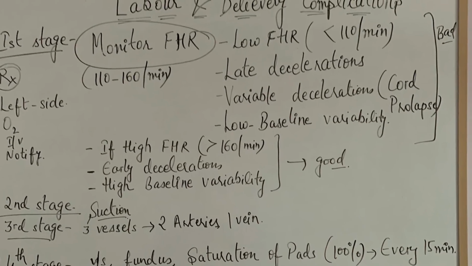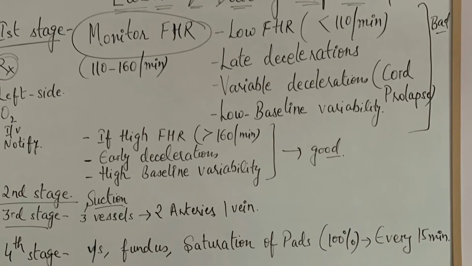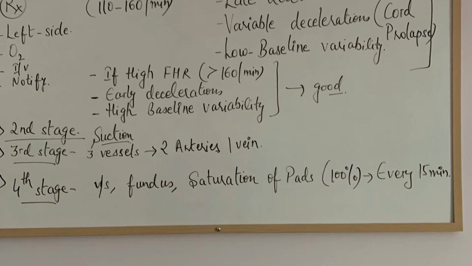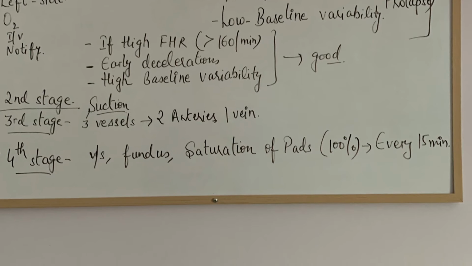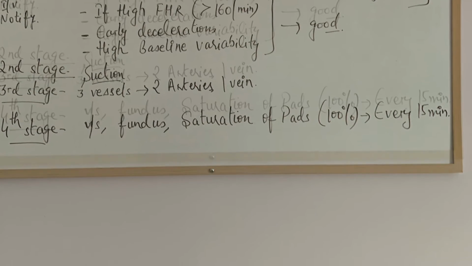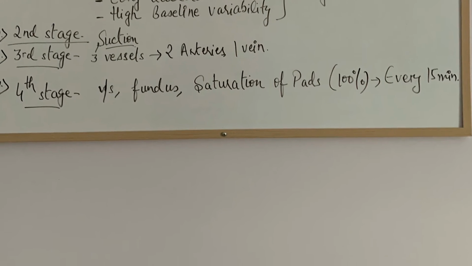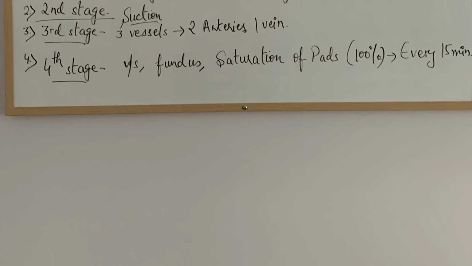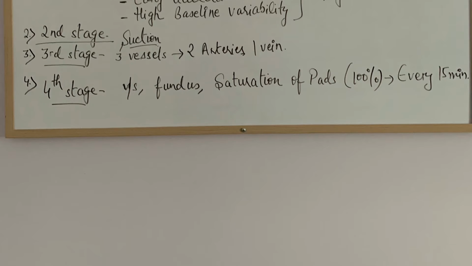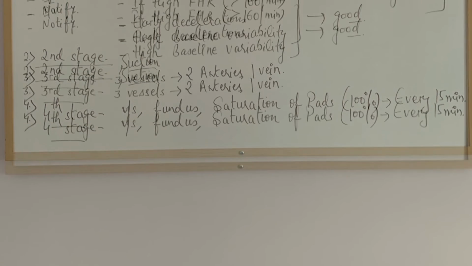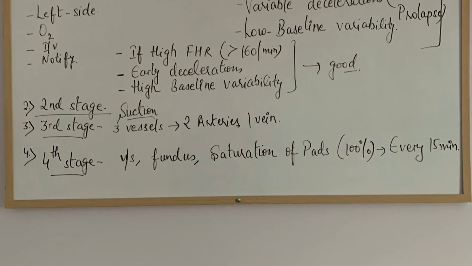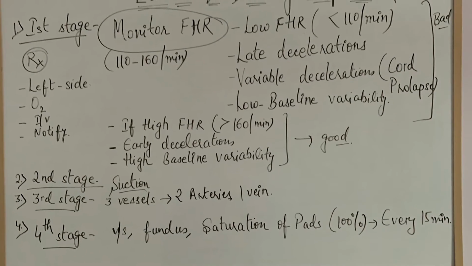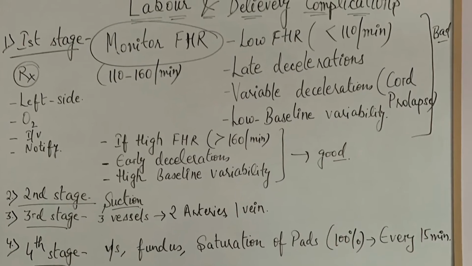And third is high baseline variability, which means the fetal heart rate is changing, not stable, changing with time, with every contraction. That means it's good, so you don't have to worry about that. Just document it and you are fine. So these are complications which can be related to the first stage.